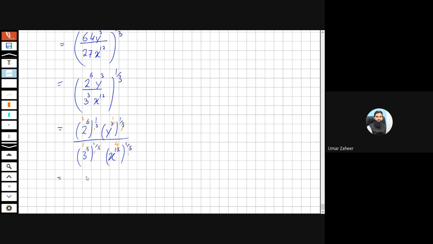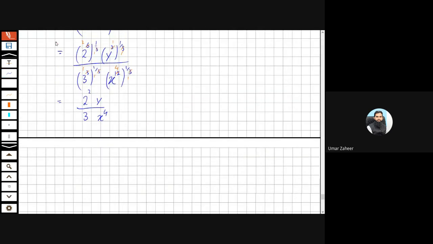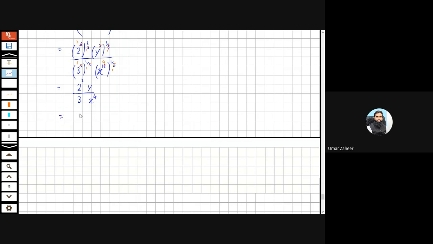So you will get 2 square here, y only 3 here, and x to power 4. So the final answer is 2 raised to power 2 is 4 over 3y, x 4. That's your final answer.